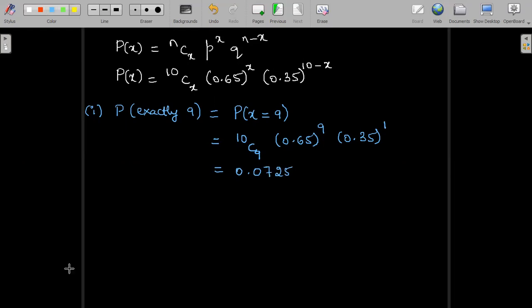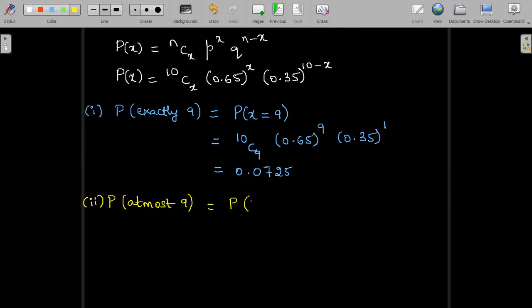Now we will move on to the second case. The second case is the probability of at most 9, which means maximum 9.